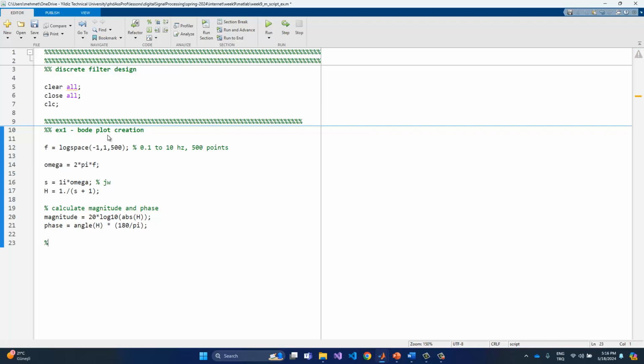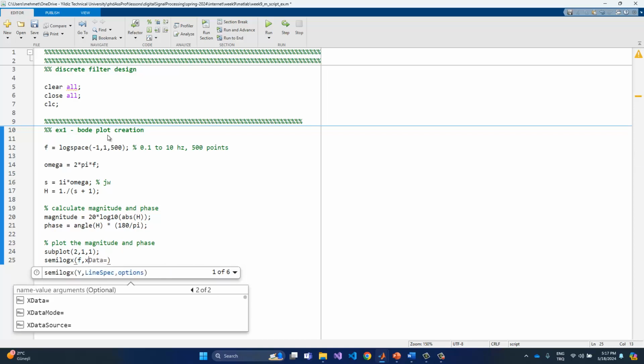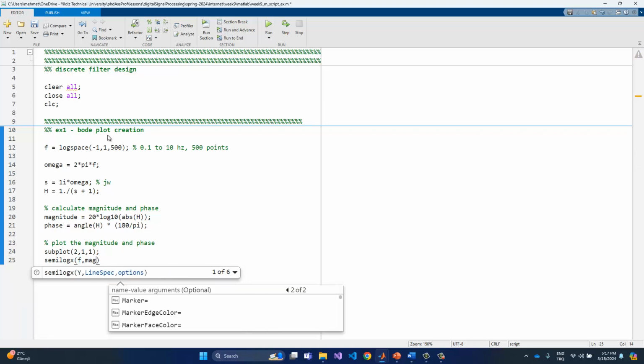Okay, so to plot the magnitude of these terms, we can write the subplot, which is in here, 2, 1, 1, the first one is the magnitude, the second one the phase. Okay, the semilogx can be built with the f and the magnitude.